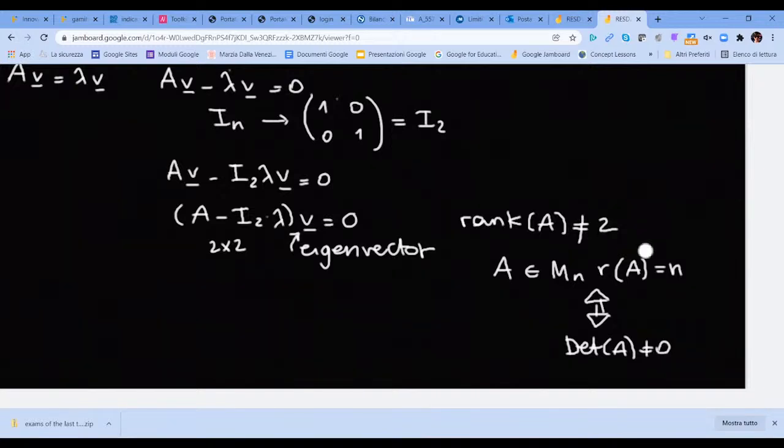So we have maximal rank if and only if the determinant is different from 0. That means we don't have maximal rank if the determinant is 0.